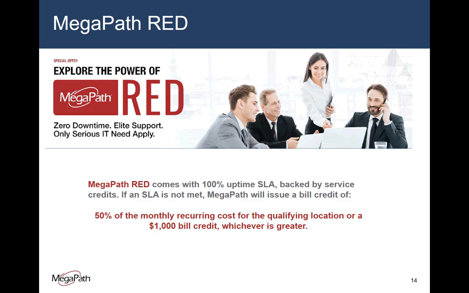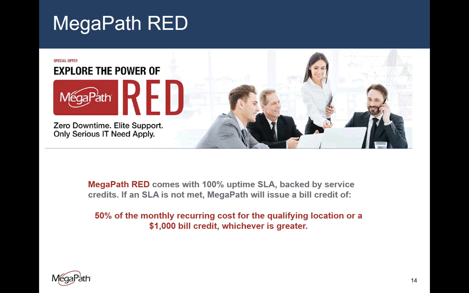So I mentioned that 100% SLA. A lot of competition will put 100% SLA on a service. Some of our competitors have 100% uptime SLA on their SD-WAN service. But if you really dig into it, there's really no teeth to that. You'll get maybe 5% bill credit of your SD-WAN service alone. Well, MegaPath with our SD-WAN solution, we're actually going to give a SLA credit for not only your SD-WAN product, but any access as well.